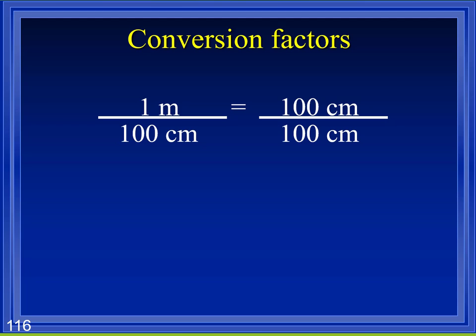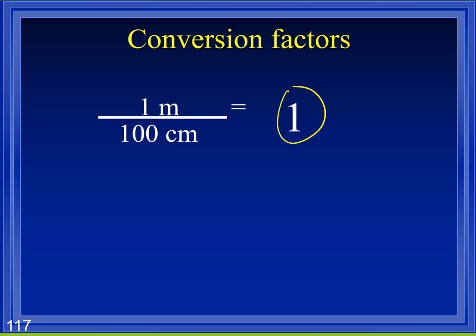And if I do that, on my right-hand side the 100 centimeters cancel out, and that leaves me with 1. So I divide both sides by the 100 centimeters, and I get 1 on this side, and this is a ratio, thing on top and thing on the bottom, of equivalent measurements. This is the conversion factor. This is what we're trying to make.